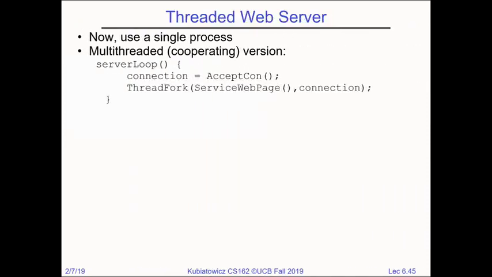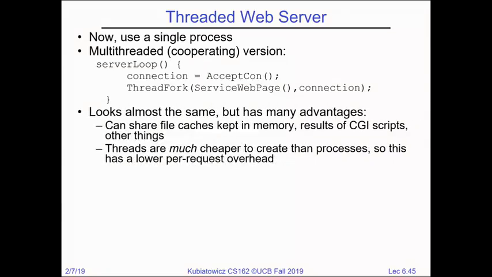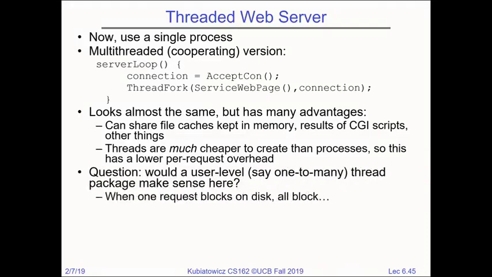We did a multi-threaded version, which is not using processes, and you actually do a thread fork. That can be faster. It looks the same, but it's cheaper and has a much lower per-process overhead. Would a user-level many-to-one thread package make sense here? Probably not, because blocking is a problem.